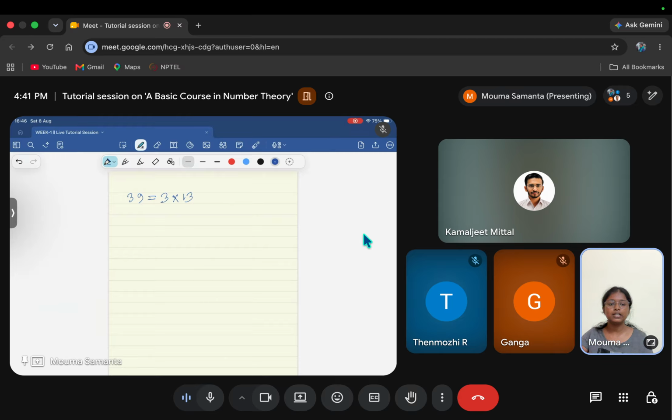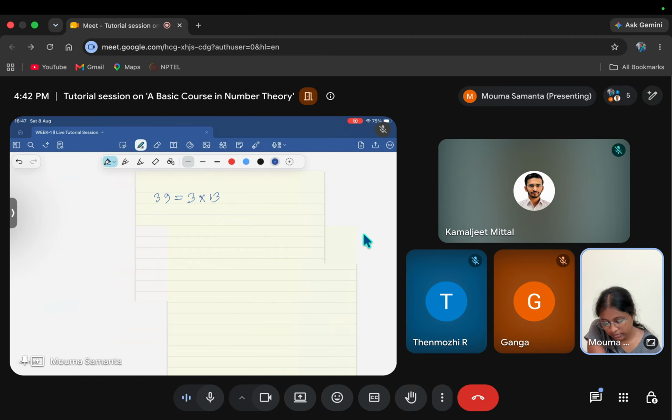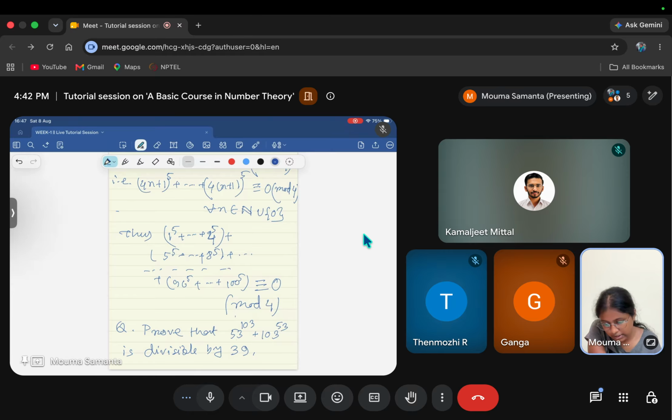If an element n has prime decomposition p1 power k1 up to pn power kn, and n is dividing some element, then each prime power should divide that element. This is the thing I am telling you. Yes, both the terms, both terms means this one.